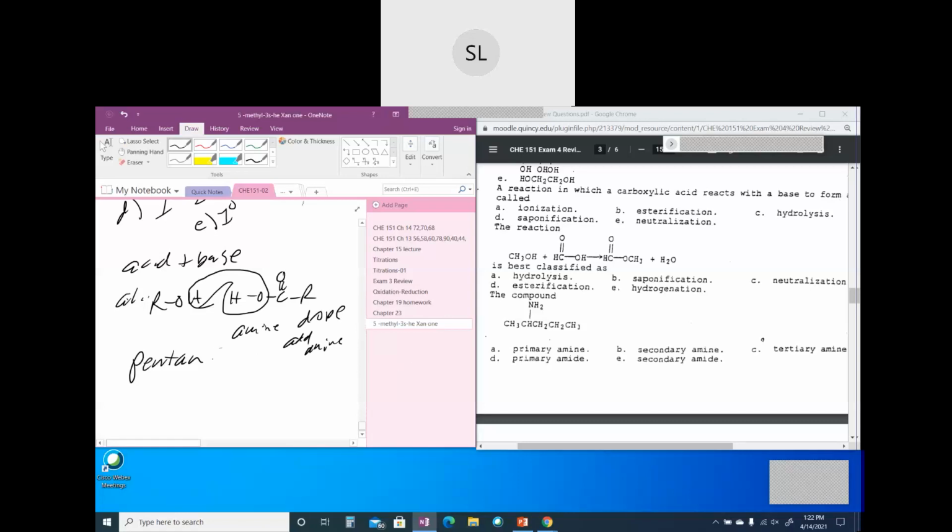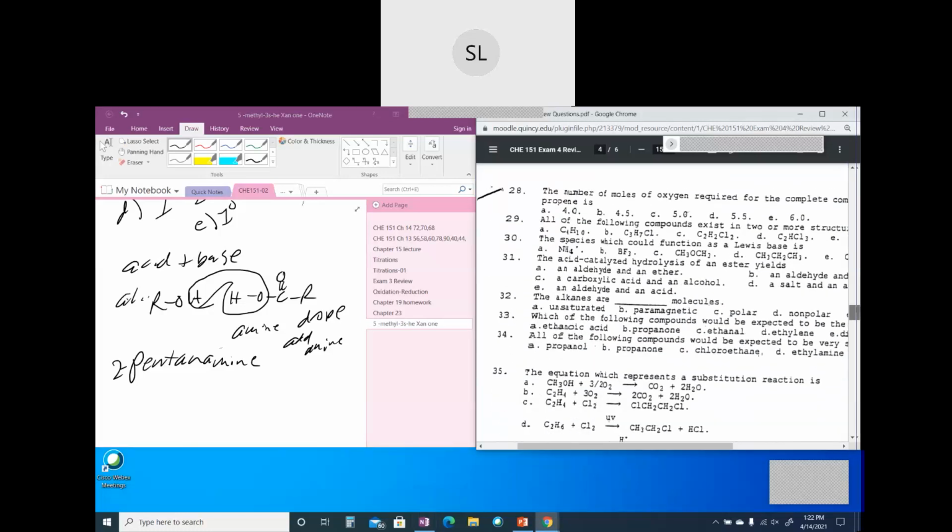So this is a pentanamine. And then the lowest number for the NH2 group is number 2. So this is a 2-pentanamine. But this is NH2. NH2 is a primary amine. In order for that to be an amide, you would have to have the nitrogen attached to a C double bond O.